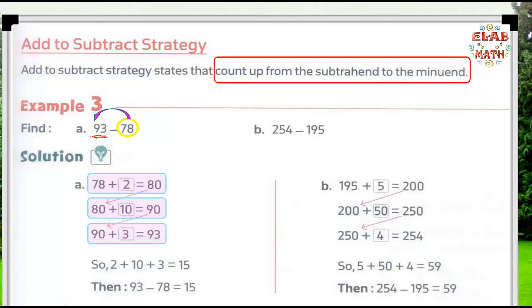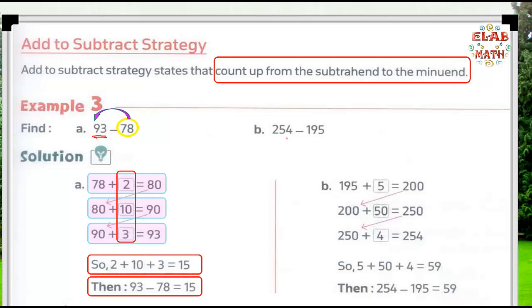Next, we need 93, not 90 only, so add 3 more. After this step, you can add all: 2 plus 10 plus 3 equals 15. That means 93 minus 78 is 15.